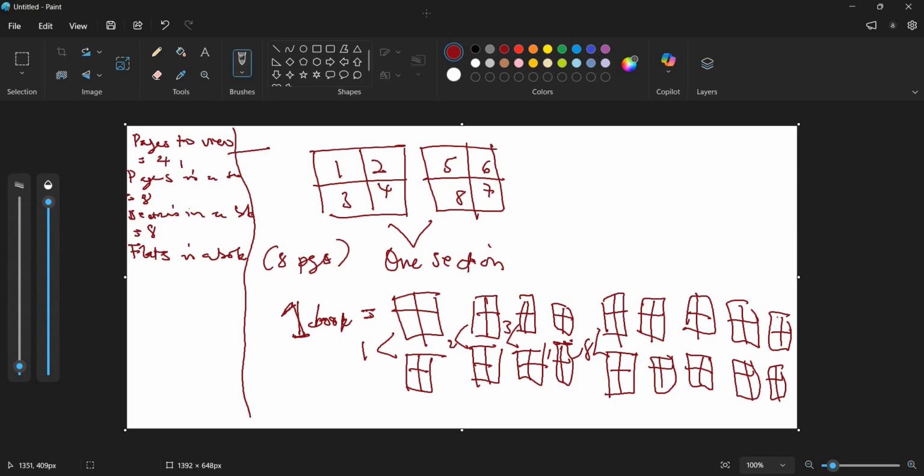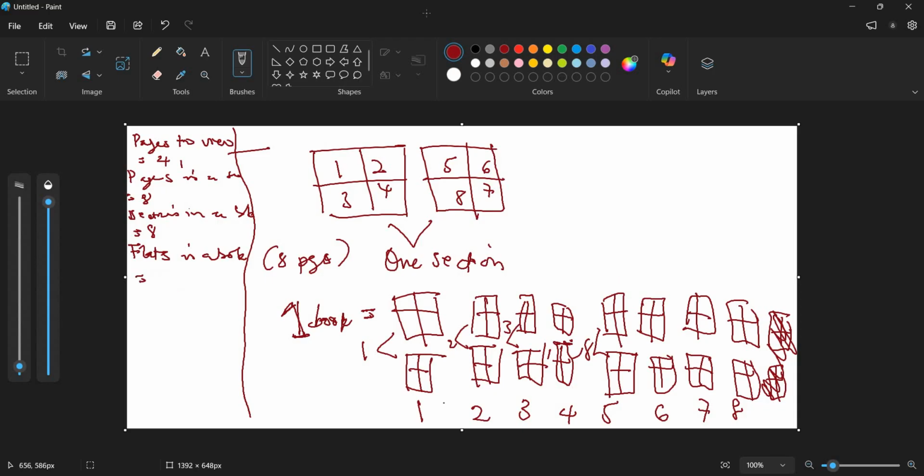All right, so 1, 2, 3, 4, 5, 6, 7, 8. So this is one section, 2 sections, 3, 4, 5, 6, 7, 8. Do you get it? Okay, so this is the 8.